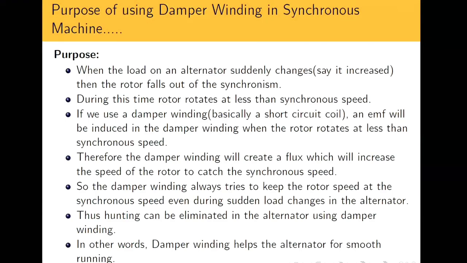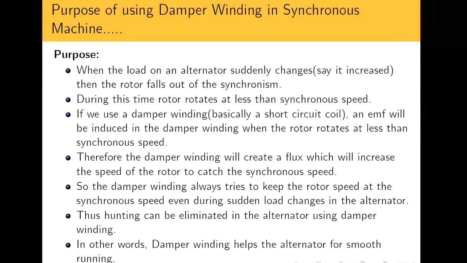Obviously, when speed is falling down, the rotor rotates at less than synchronous speed, and the damper winding comes into the picture. It is a short circuit coil, and whenever there is a relative velocity between the damper winding and the rotor field, there is a difference between the damper winding rotation and the rotor field rotation.